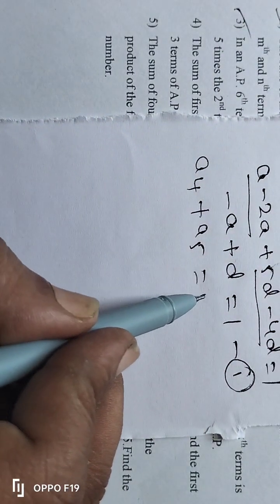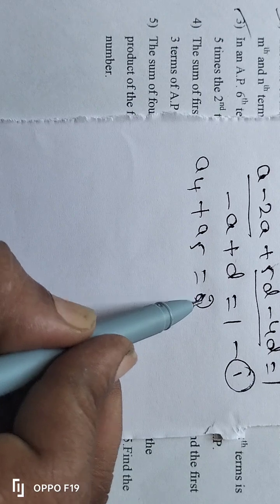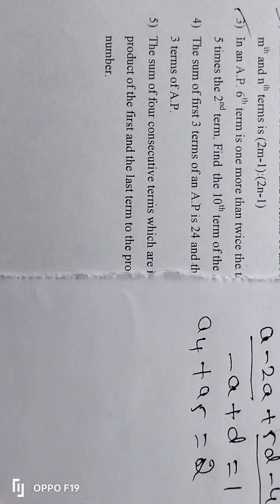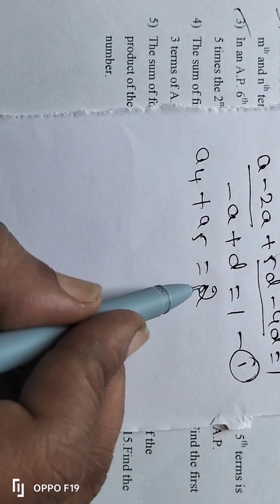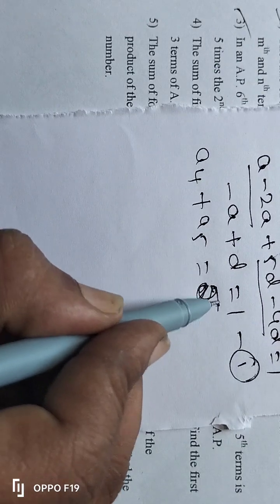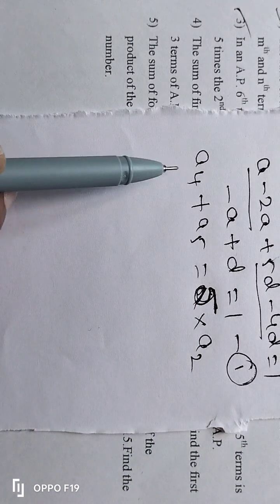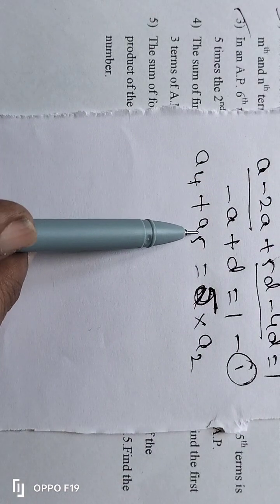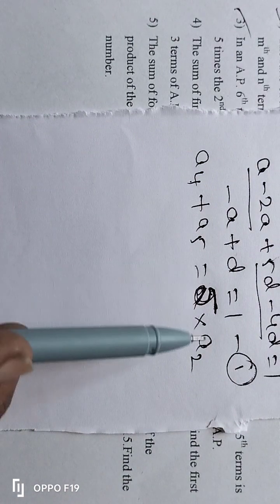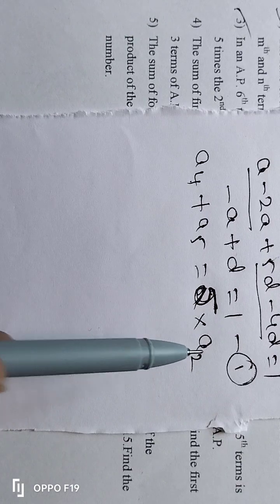If you add the fourth term and fifth term, it will be equal to 5 times the second term.